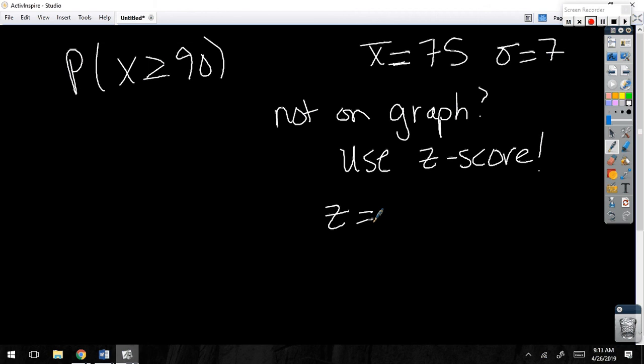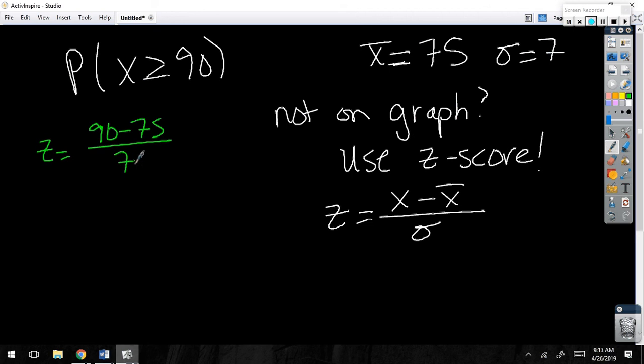So we do x minus the mean divided by the standard deviation. The z-score of 90 would be 90 minus 75 over 7. Round it to 2 places for me.